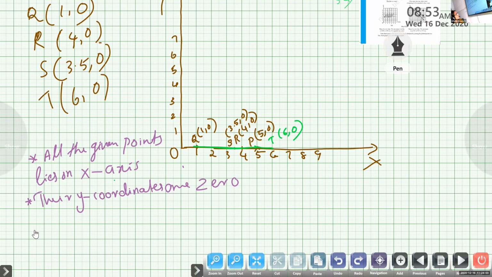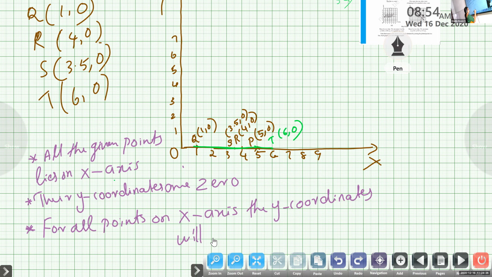Understood? For all points on x-axis, the y coordinates will be 0.